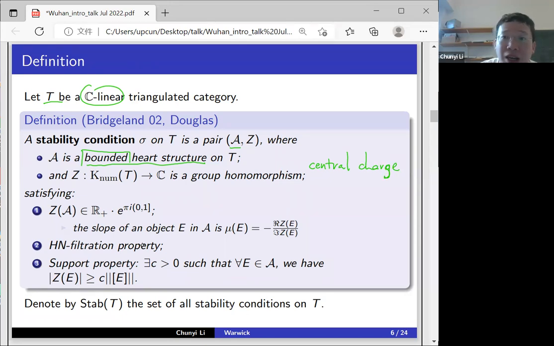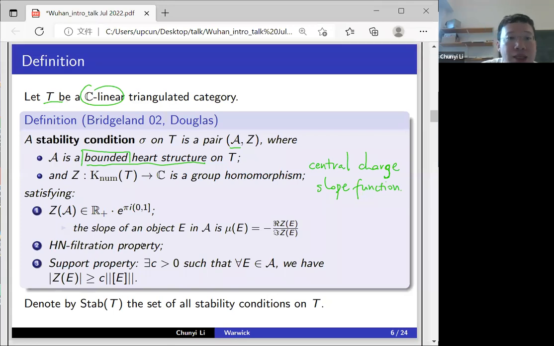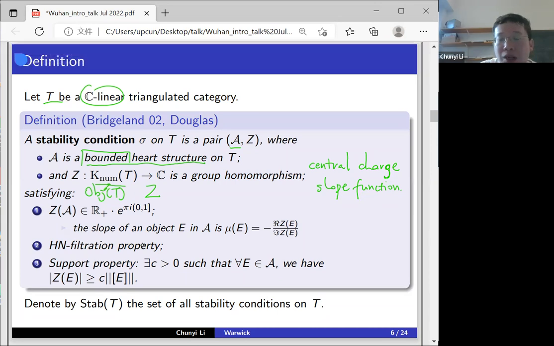Naively, you can also think of it as the classical slope function on the heart. Here Z maps K-numerical to C. It just means it factors through K-numerical. It actually maps all the objects in T to C, but this map factors via K-numerical. So with the same numerical character, the same object goes to the same complex number.